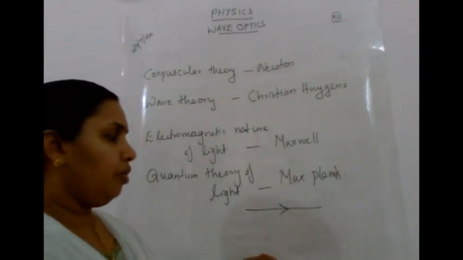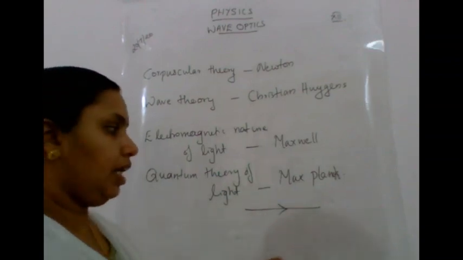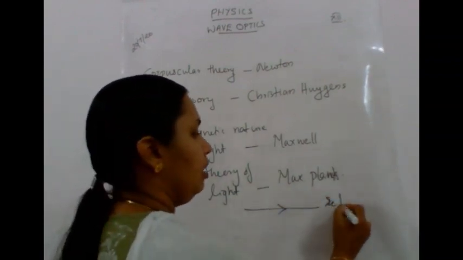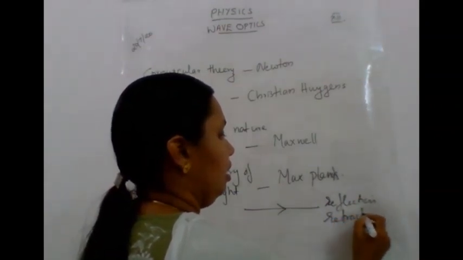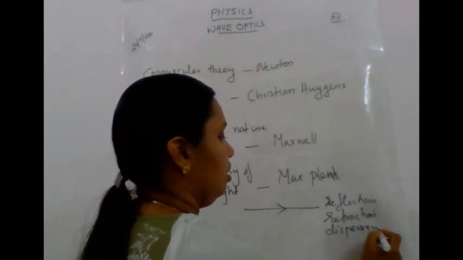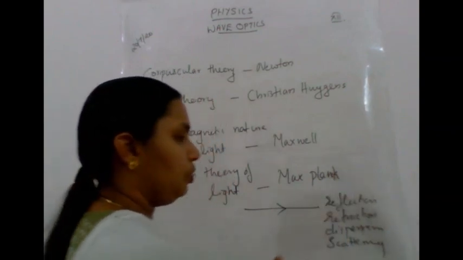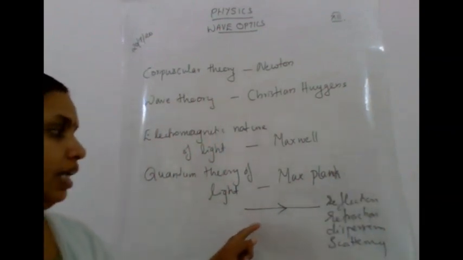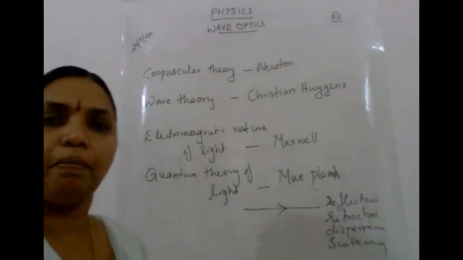And we could explain all the phenomena which we are observing, like reflection, refraction, dispersion, scattering. All these things we could explain on the basis of the ray characteristics, that is, light traveling as a straight path.